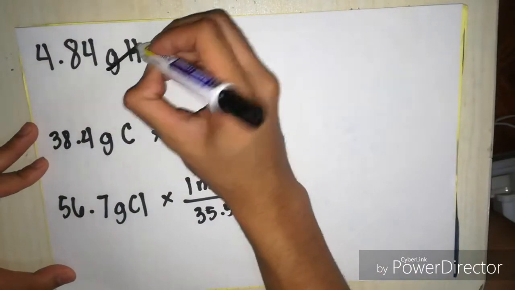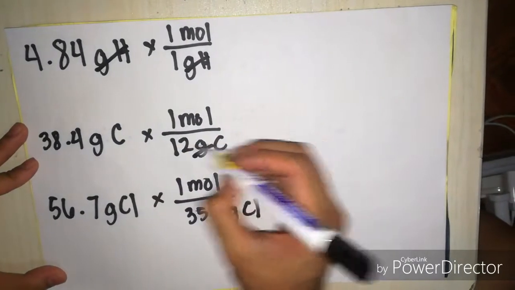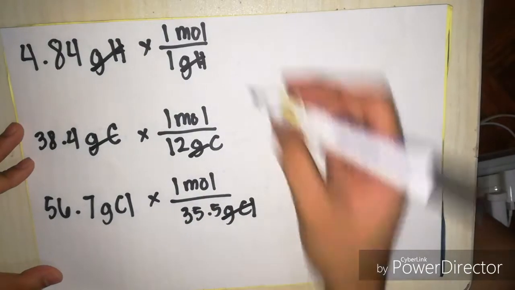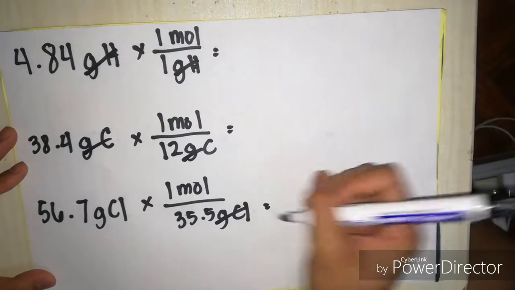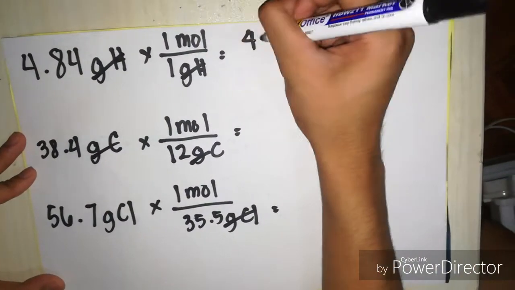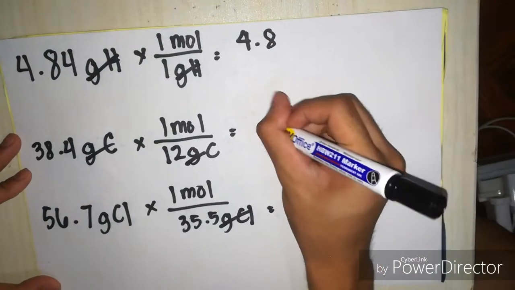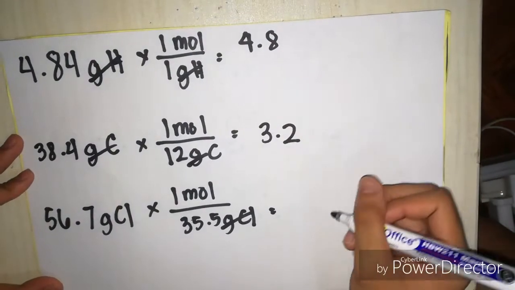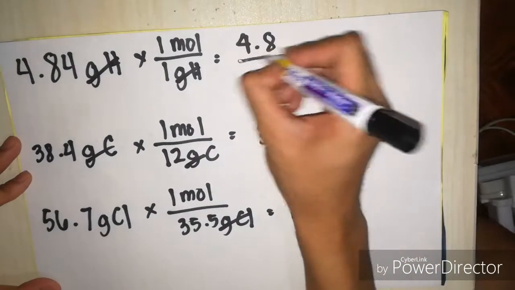Cancel the units. 4.84 grams of hydrogen times 1 mole divided by 1 gram of hydrogen is equal to 4.8. For carbon, you'll have 3.2, and for chlorine, you'll have 1.6.